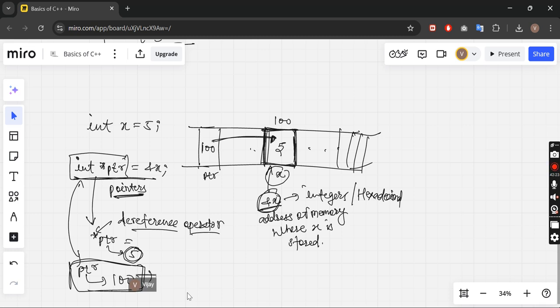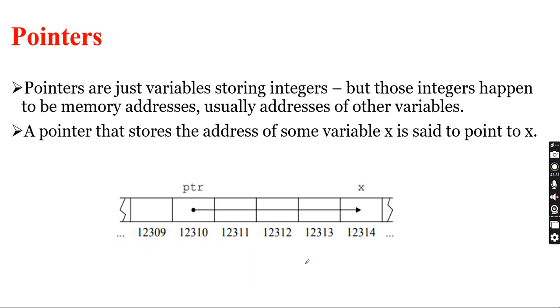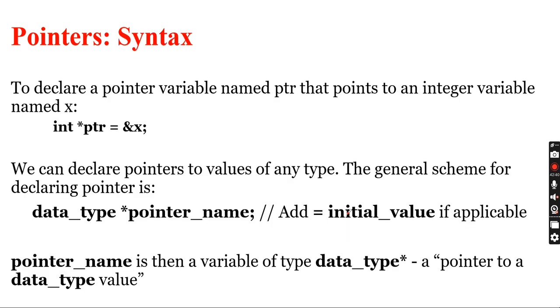So this will give you the address of that memory location. As you can see, this pointer stores the address of this memory location x. So you can create pointers like this. You can create a pointer of any data type, which will store the address of a variable of that type.